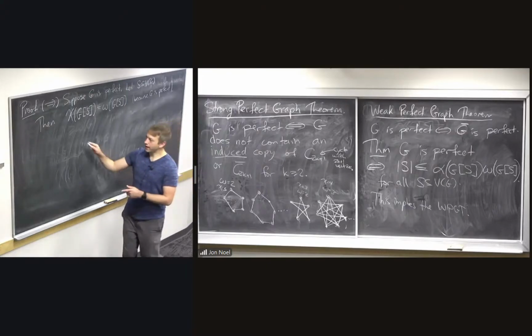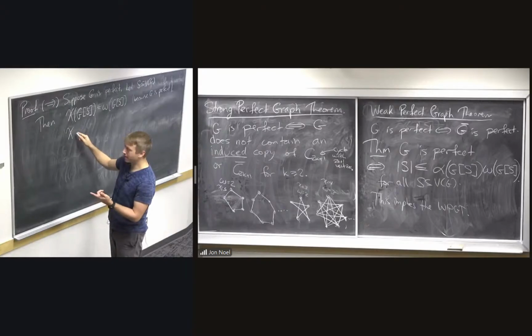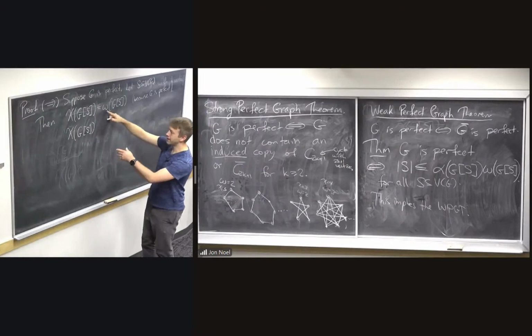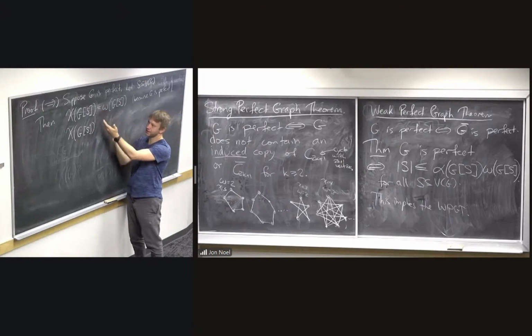But I can also use one of those trivial bounds. Not the one involving the clique number, because it would be pointless to use it right now since I know they're equal.